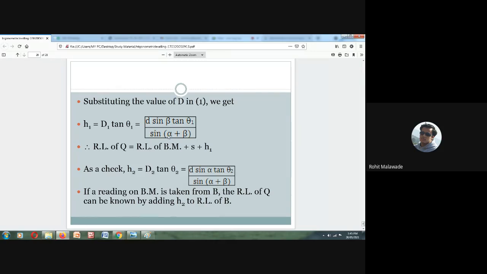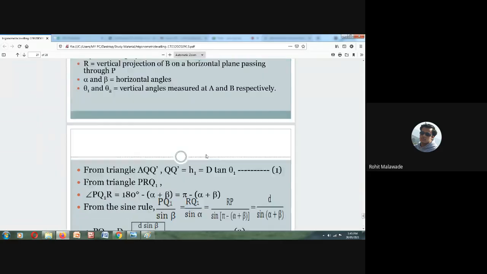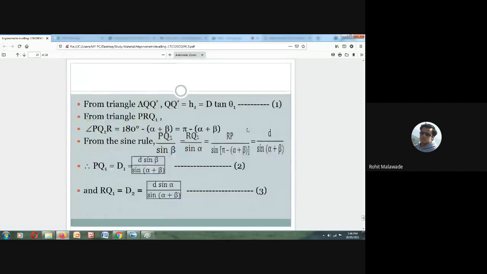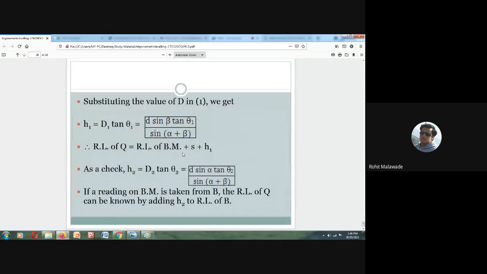That is your horizontal angles. Okay. Now, how can I get the RL of Q? The RL of Q is your benchmark reading plus S plus H1.